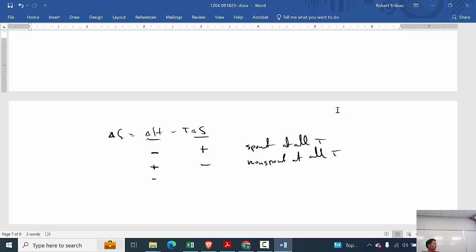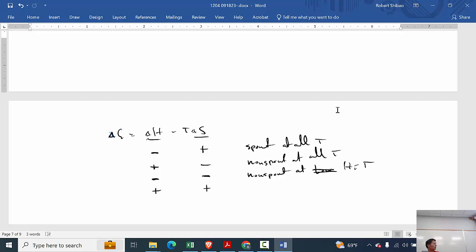However, in the last scenarios, we have this negative and this negative. So what we say here is this is non-spontaneous at, not low temperature, at high temperature. And let's say I have this scenario: this is positive and this is positive.